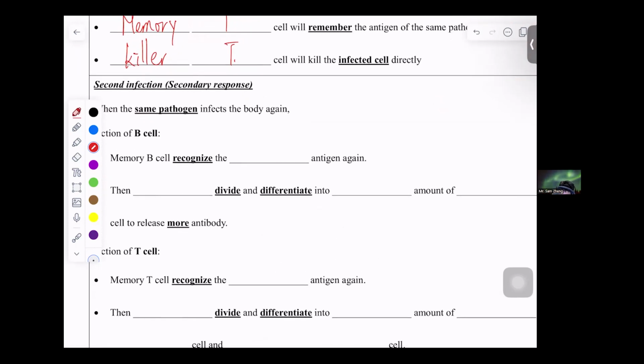After we have the first infection, we will have the second infection. The second infection will cause what we call the secondary response, and in our body we will have less side effects, but a stronger response to the pathogens.